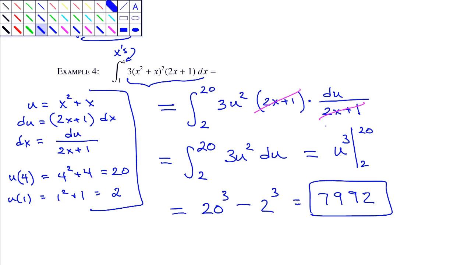Tyler? I understand that the du just goes away, but why does it go away? The du is part of the notation that represents the width from what we were doing yesterday. And the 3u squared represents the height.